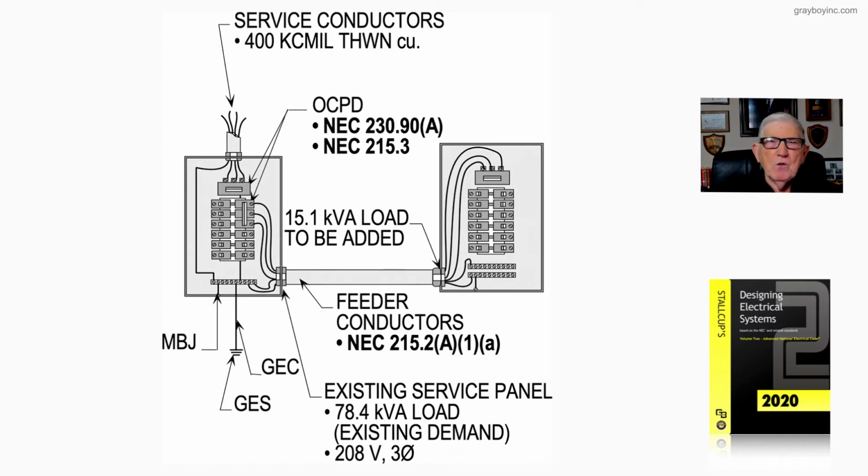On page 81, right-hand side of the page, or looking at your 220.87, item 2 says the maximum demand at 125% plus the new load does not exceed the amperage of the feeder or rating of the service.